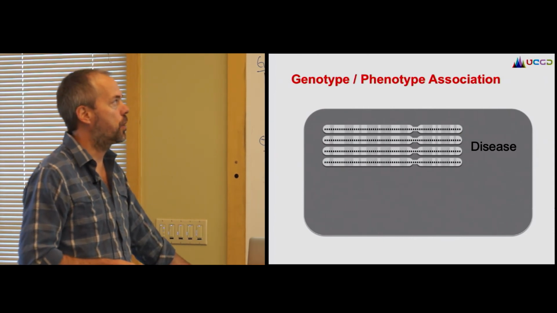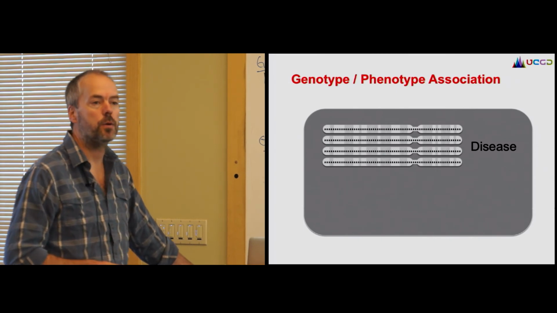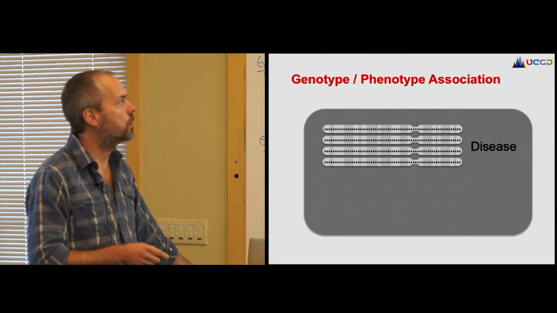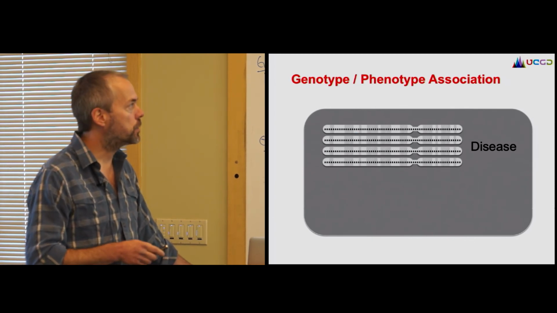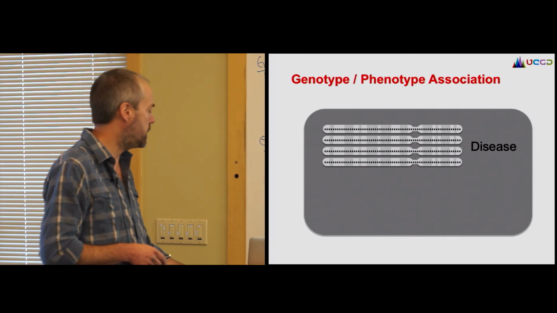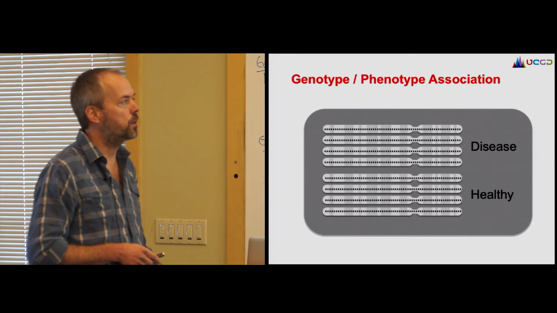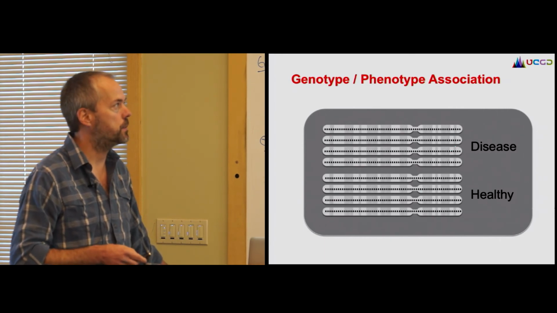So in cartoon form, this is the basic idea of genotype-phenotype association that we're trying to address. These little cartoon chromosomes will represent entire human genomes for different individuals, and we sequence several individuals who have a particular disease or phenotype, and several other individuals who are presumably healthy, at least don't share the same disease or phenotype.